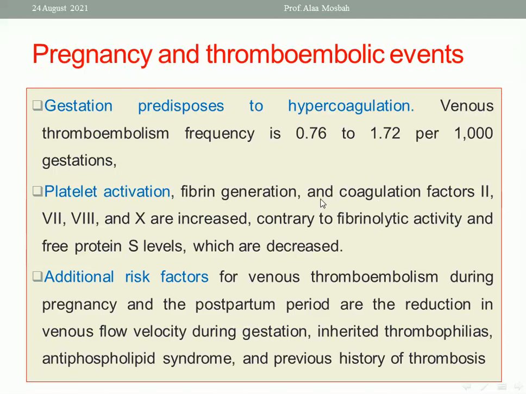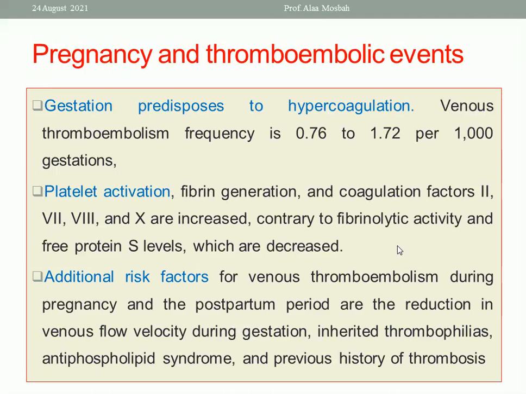The pregnancy is considered a risk factor for this. Add for this the venous stasis, the stasis of blood, mechanical stasis during a pregnancy. Okay, the patient may have to rest more, lie in bed for longer time maybe. So there is venous stasis, mechanical by the enlarging uterus. So we have hypercoagulability and the venous stasis, and all of these are risk factors for thrombosis and thromboembolism.